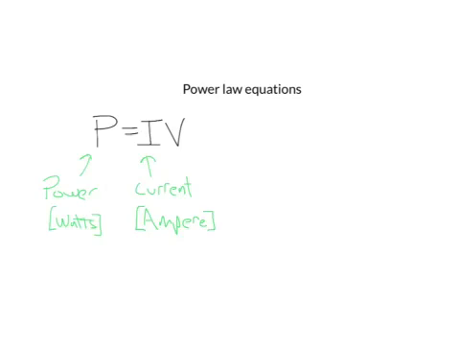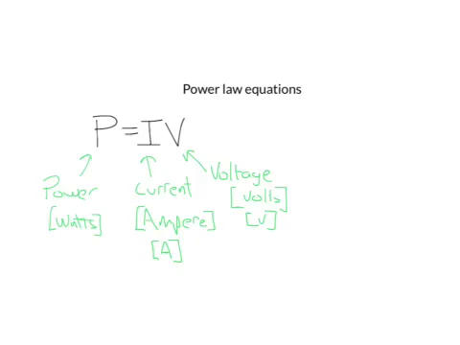We often just say amps, and we'll often abbreviate that with just a capital A. V, of course, we've mentioned as being electric potential, and we commonly call this voltage. And of course, this is measured in volts, which we abbreviate with a V.